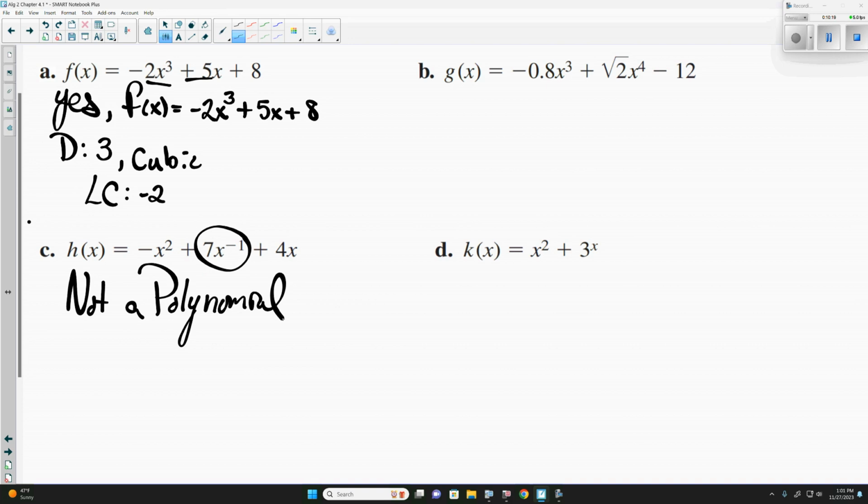Let's look at B. Is B a polynomial function? It is. Because we can say for sure there are no fractional exponents or negative exponents or a variable in an exponent. There is no variable in the bottom of a fraction. There are no variables multiplied together. But the one spot that's kind of the big emphasis is right there.